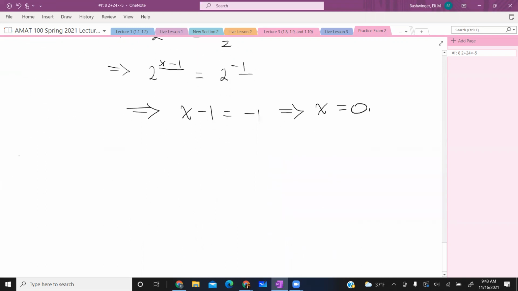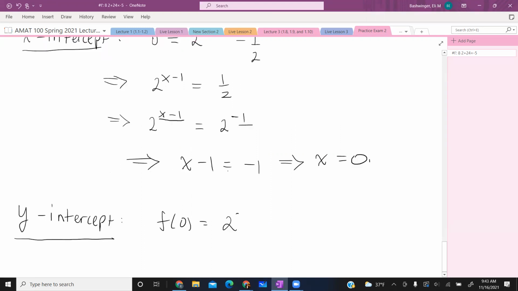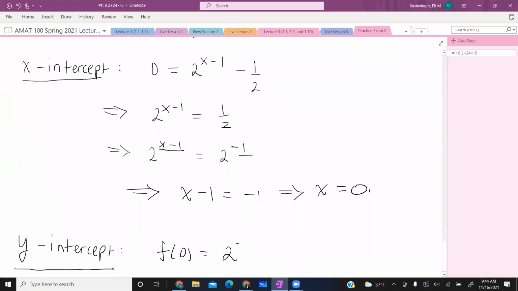What about the y-intercept? Well, to do that, we have to evaluate the function at 0. And as you can see, it's going to be 0 again.